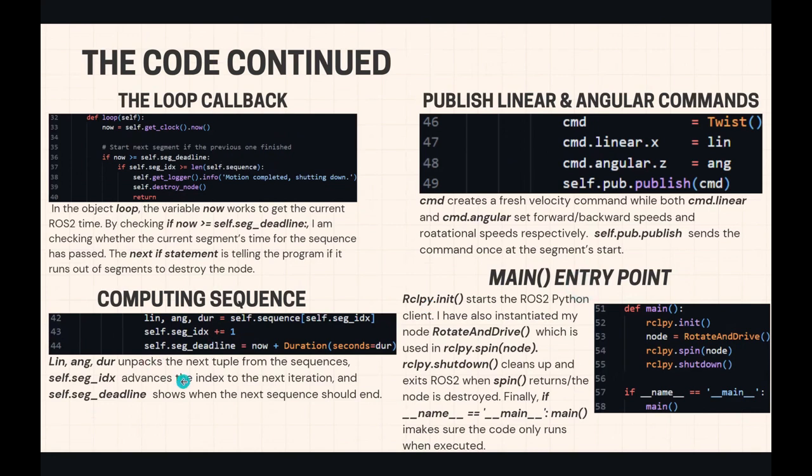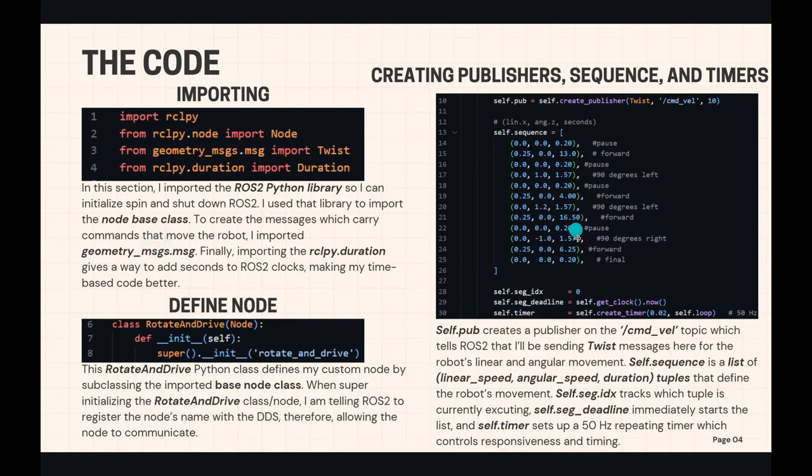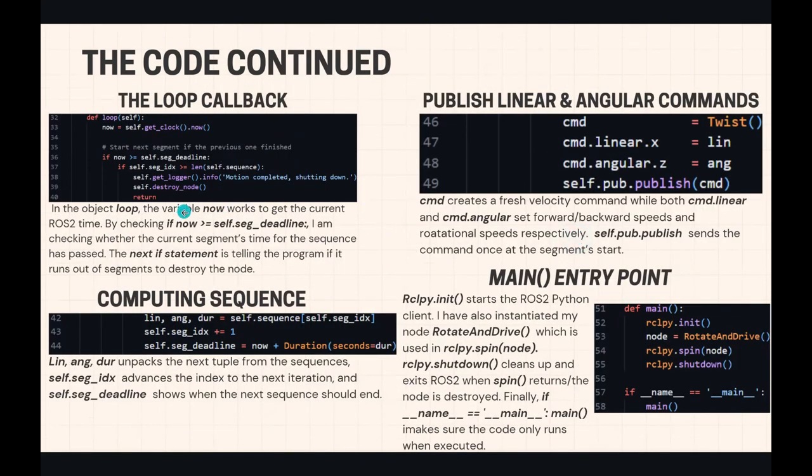And if the time now is greater than or equal to the end of the sequence, then the segment index advances to the next iteration, and it compares itself greater than or equal to the number of sequences in the self.sequence list.